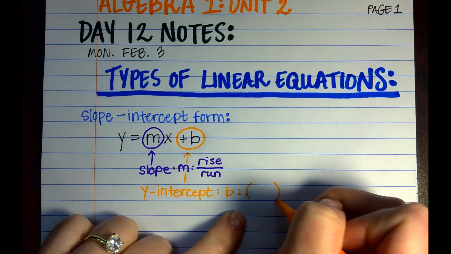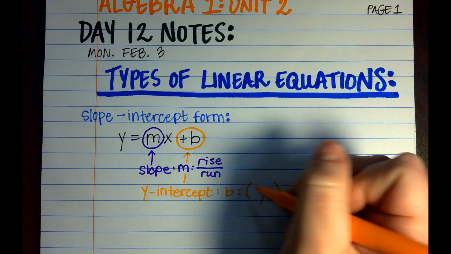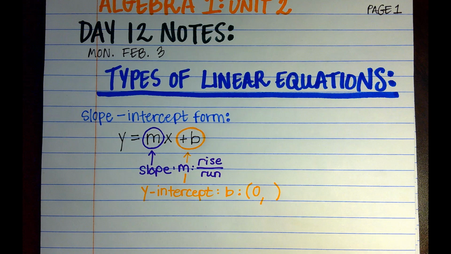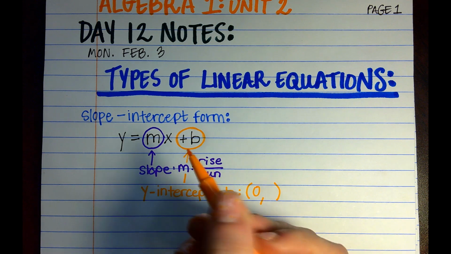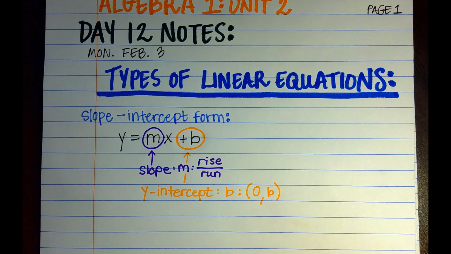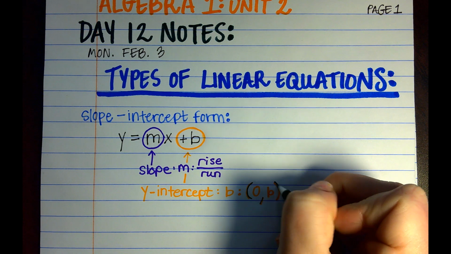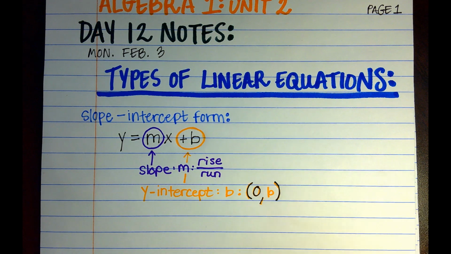Anytime we graph, our first coordinate is always going to be 0 for x, and our y is whatever number is in for b. So there it is as a coordinate, which is good to know, I think. Okay.